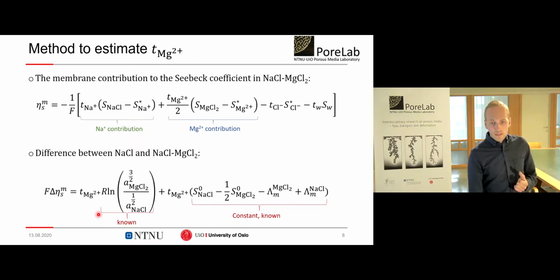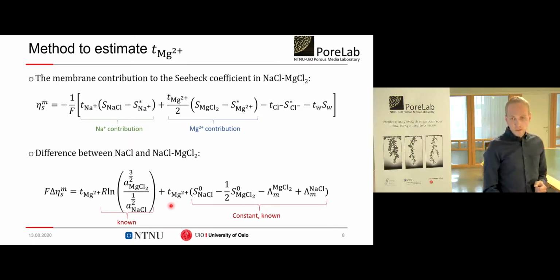And what we can see here is that this expression is known, it's the activities of the magnesium and sodium chloride. And then we have this term, which is also constant and known, where we also used these lambda values from the previous slide. This leaves us with only one unknown, and that's the transport number of magnesium. So this lets us estimate the magnesium transport number.